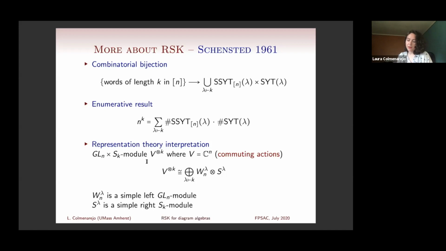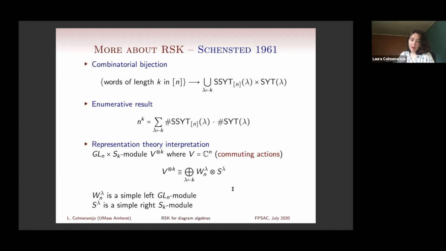Because of the double centralizer theorem and the fact that these two actions commute, I can decompose (C^n)^{⊗k} as a direct sum where I have a simple left GL_n module and a simple right S_k module. And the fact that both of these sets are indexed by partitions is a particular case of the Schur-Weyl duality, but it also generalizes to the double centralizer theorem.